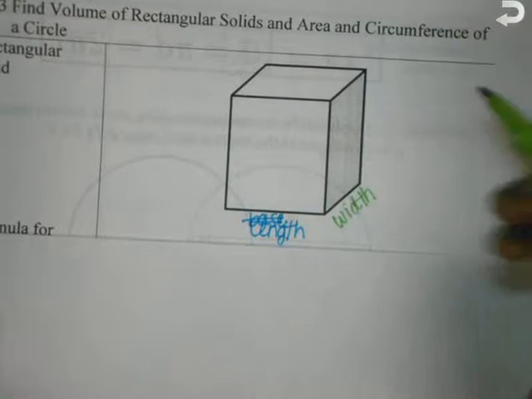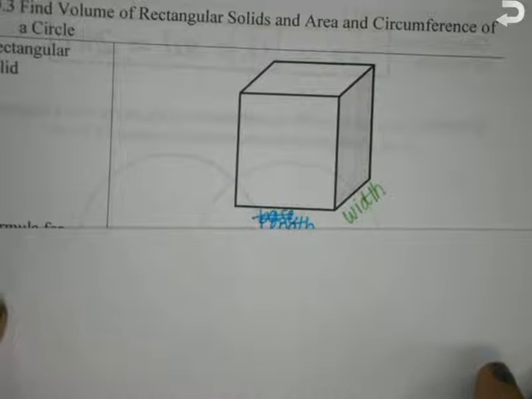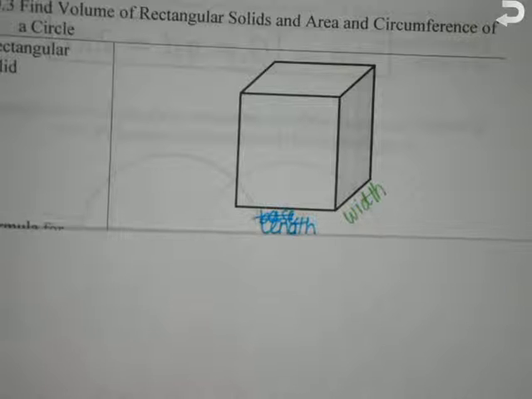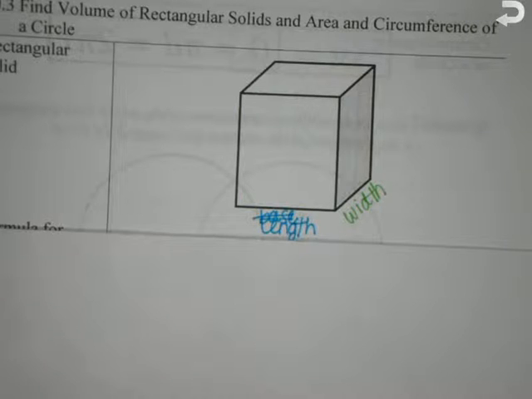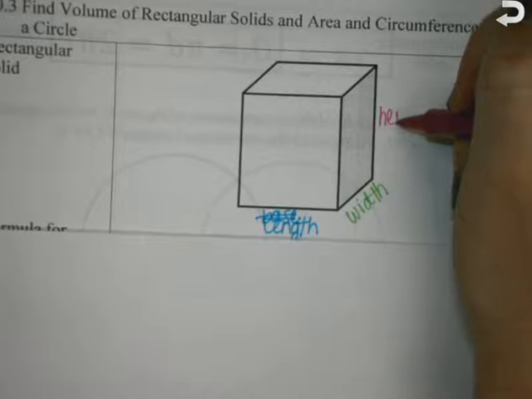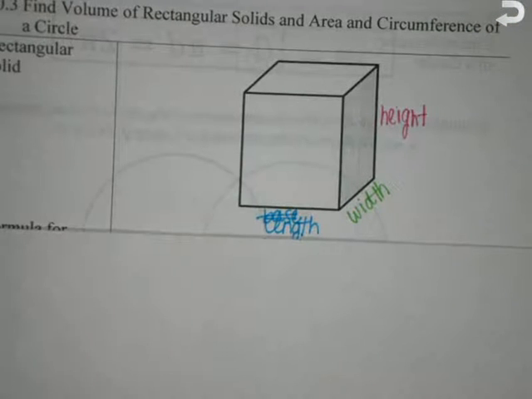That's this part right here. And then with a rectangular solid, we are also concerned with how tall it is. So that is the height. And that is the tallest part right here. So we have length, width, and height. Those are the pieces we need to know.